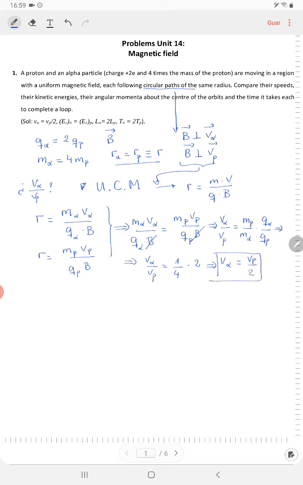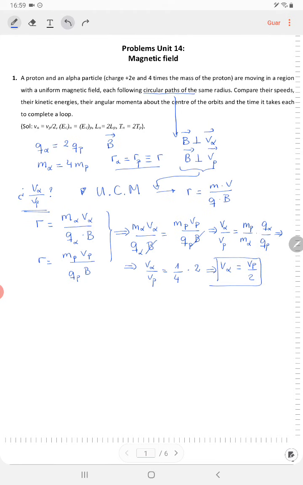Next we solve for the ratio between the kinetic energy of the alpha particle and the kinetic energy of the proton.